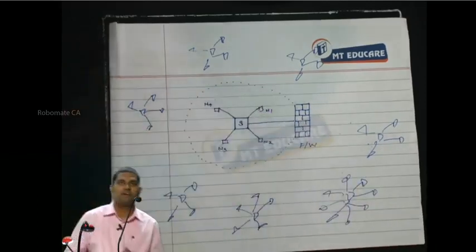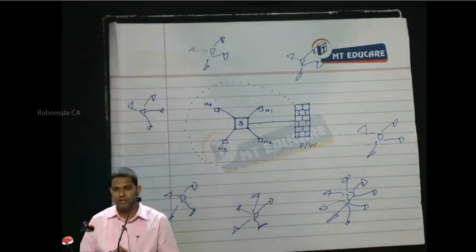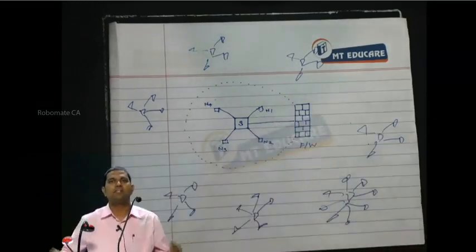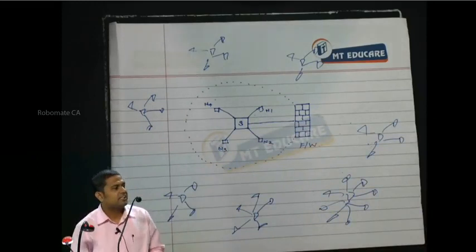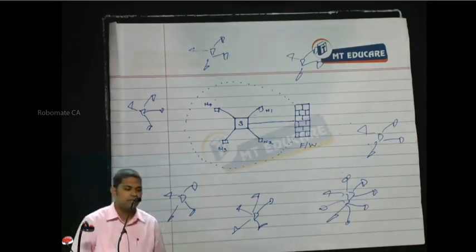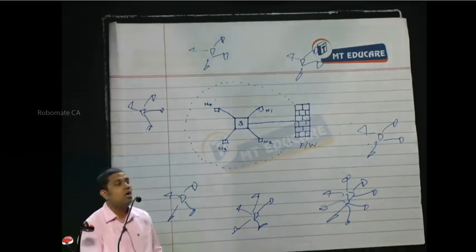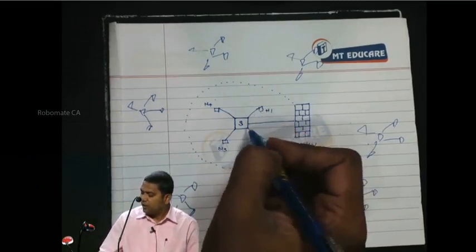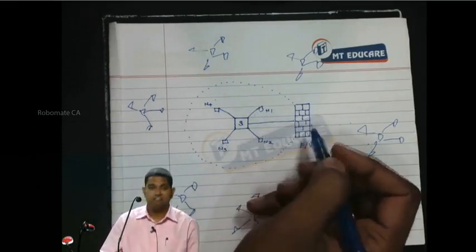Let's see how. Let's say N1 is trying to access some resource. N1 is typing an address. He wants the web page of Money Control, so he types www.moneycontrol.com.